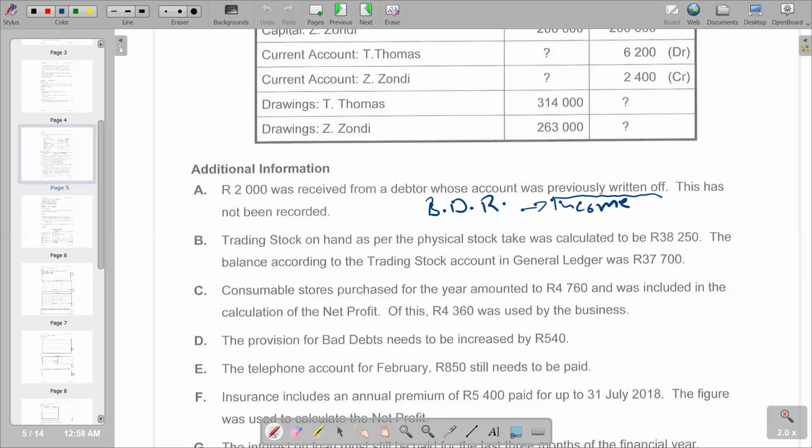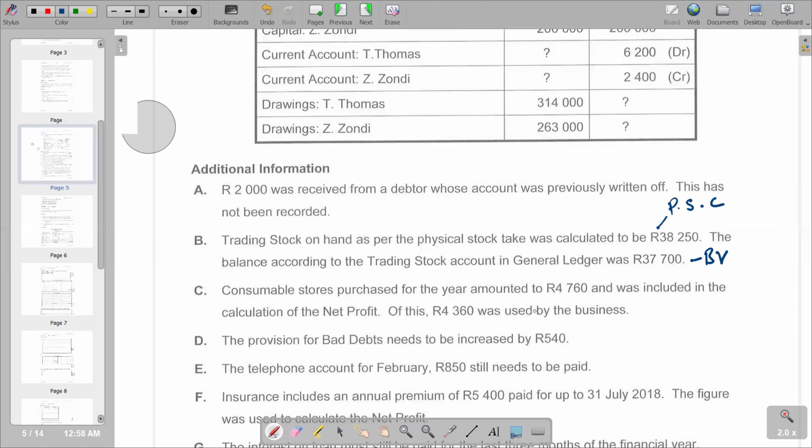On the next part, B reads: trading stock on hand as per the physical stock take was calculated to be 38,250. The balance according to the trading stock account in the general ledger was 37,700. So the one in the ledger represents the book value, and the one after the physical stock count is the physical stock count figure.